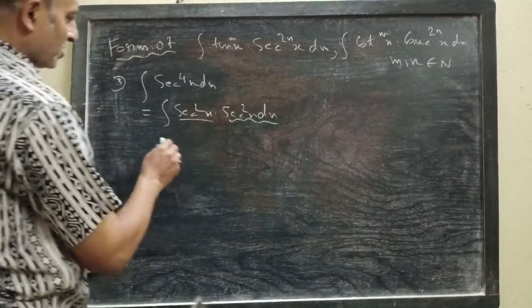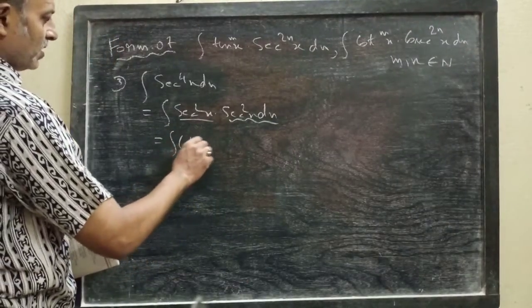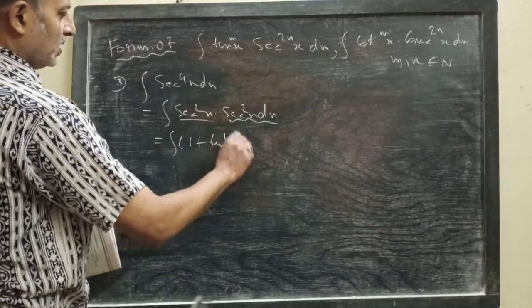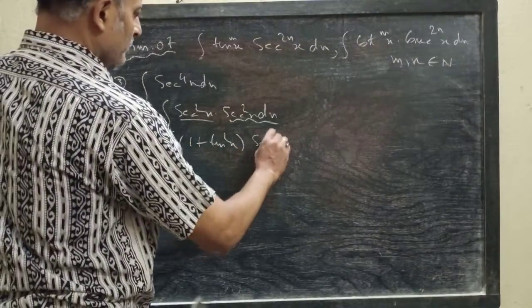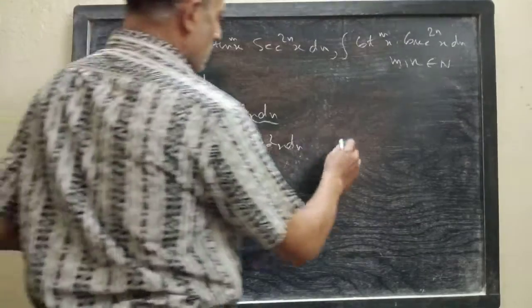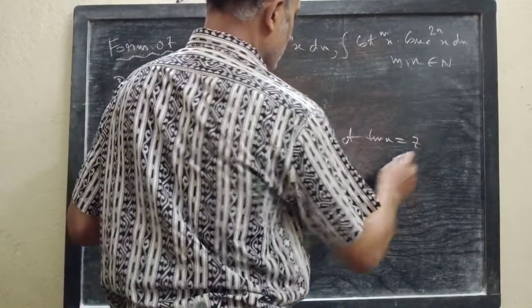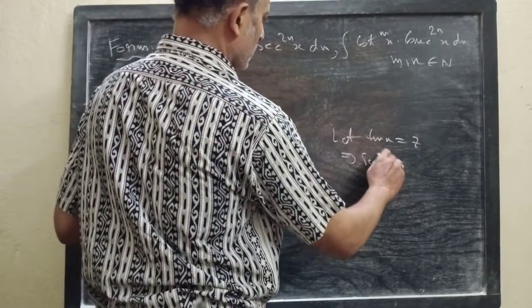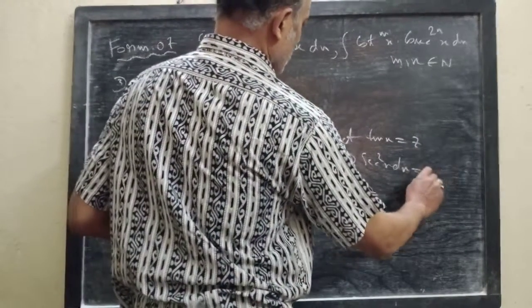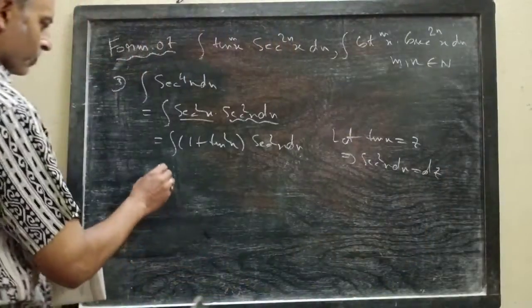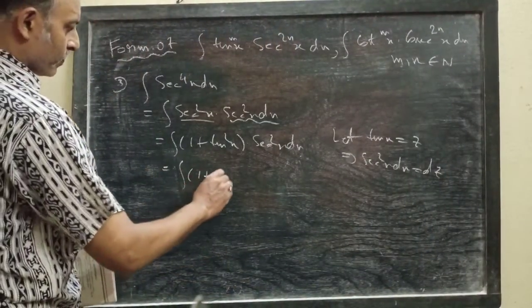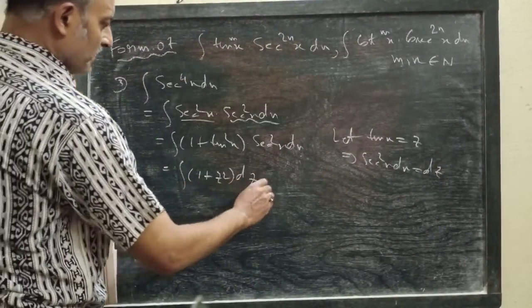Now shift this sec square x to tan x. You can write 1 plus tan square x into sec square x dx. Now let tan x equal z. So you get sec square x dx equals dz. 1 plus z square dz.